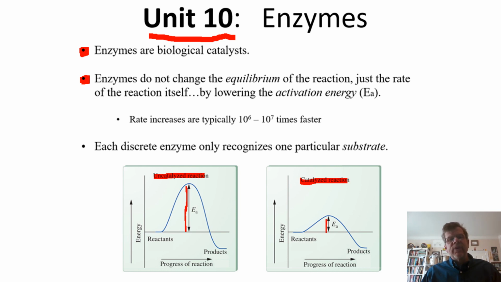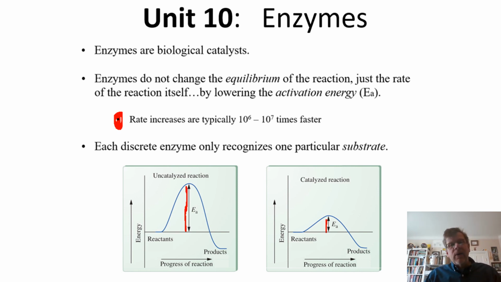With enzymes in particular, we typically see a rate enhancement on the order of 1 million to 10 million times. So that's significant. In biochemical reactions, we essentially need these products now. We don't have time to wait for a long process.